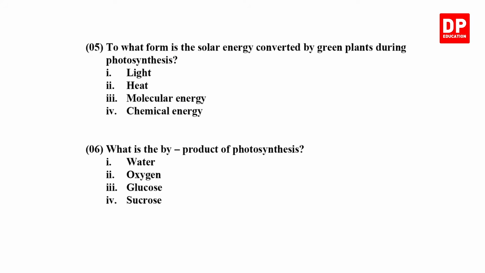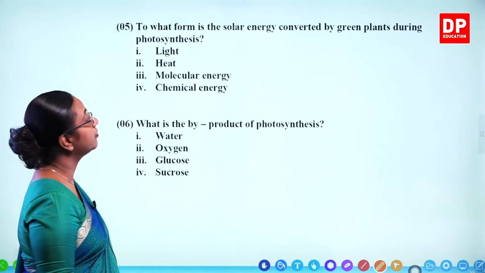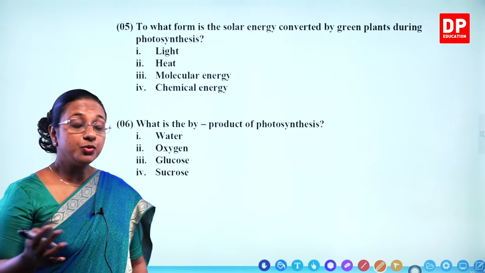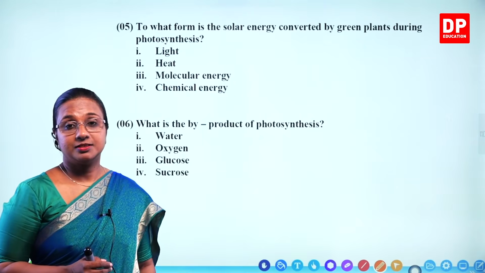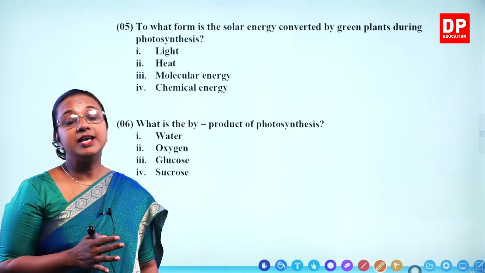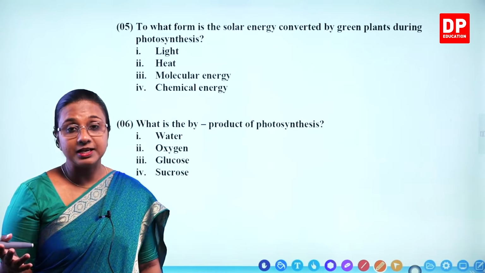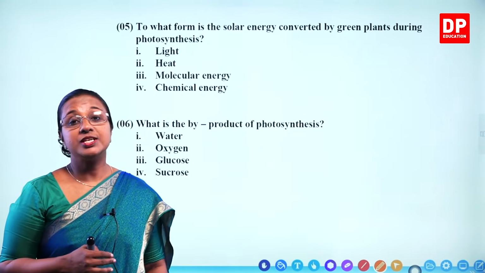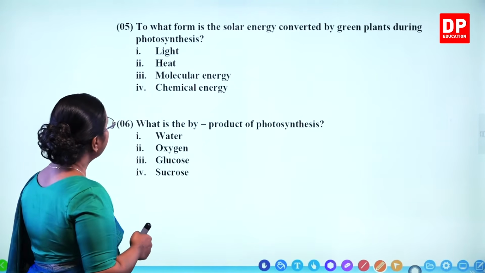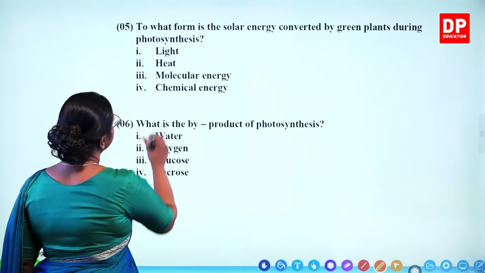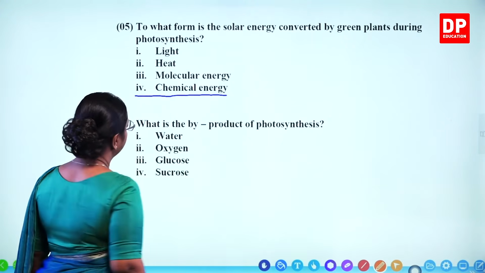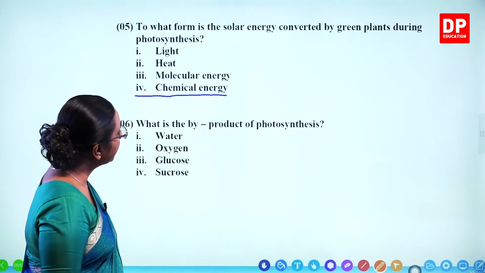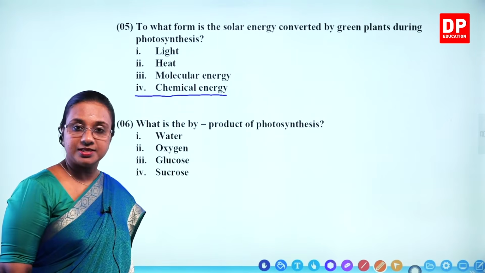The next one. To what form is the solar energy converted by green plants during photosynthesis? You all know the energy conversion. From solar energy, we get chemical energy because glucose is produced. So, light, heat, molecular energy, chemical energy. What is the byproduct of photosynthesis?